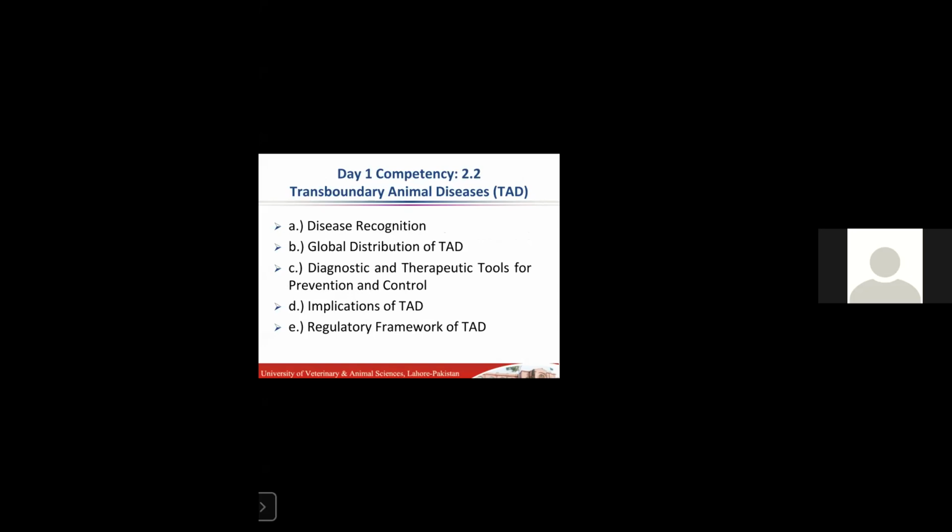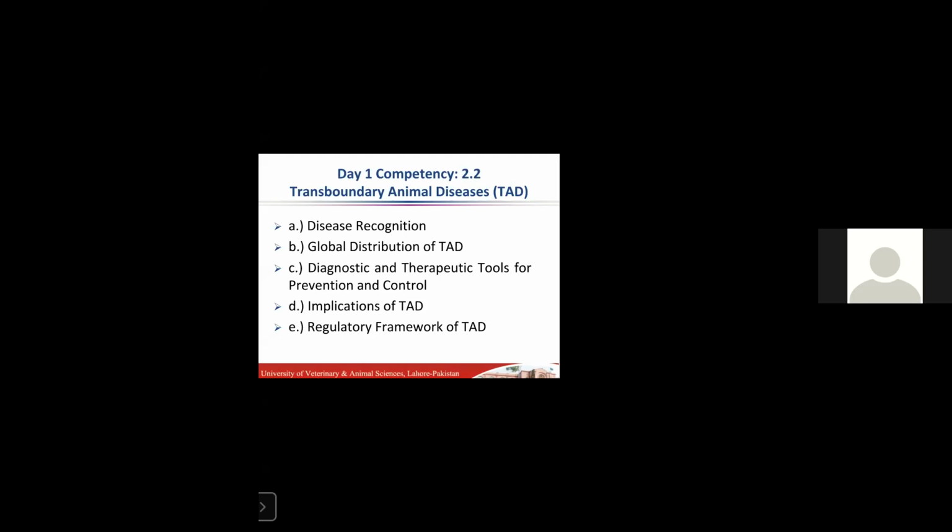Very, very important thing in this regard, the notifiable disease of one country may not be a notifiable disease in another country. So he must have the knowledge of the notifiable diseases in his country and also the neighboring countries. Knowing the notifiable diseases according to the OIE, World Organisation for Animal Health, is very important.